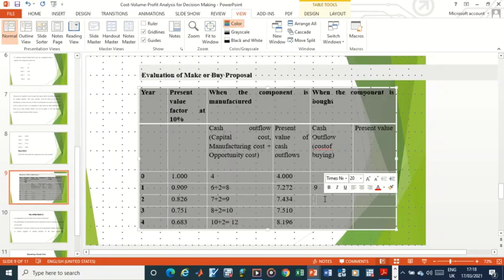Next, we have 10 million for the second year. For the third year, we have 11 million. And for the fourth year, we have 14 million.